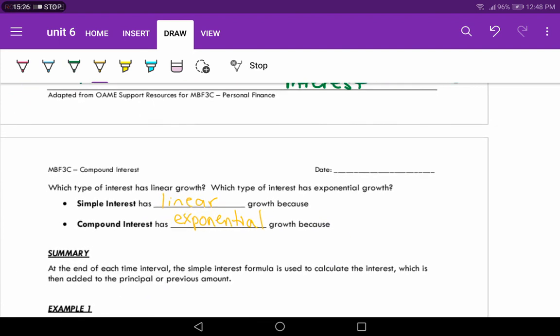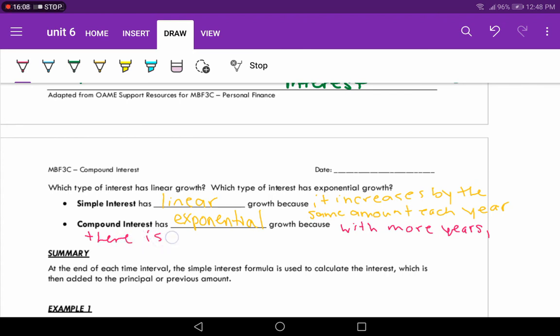Okay, sorry, I just realized it says: simple interest has linear growth because it increases by the same amount each year. Compound interest has exponential growth because with more years, there is more rapid growth.